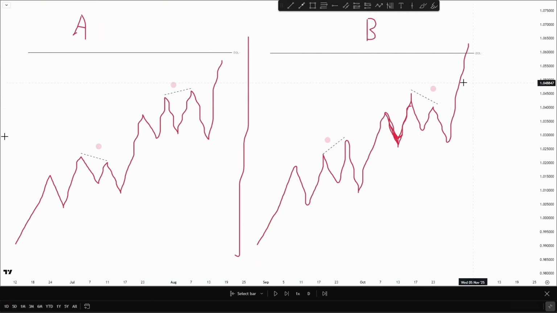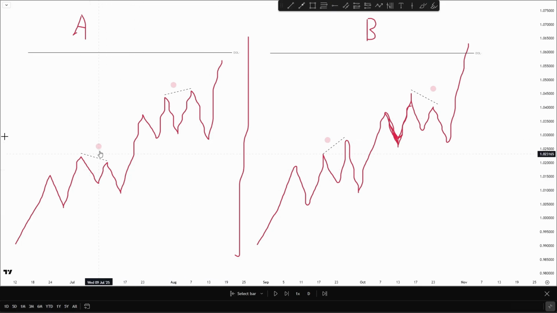Here you can see these two correlating assets and their price action. Let's say the context is that the drawn liquidity is higher on the higher time frame. Here we have these two SMT divergences, where asset A failed to take out this high whereas asset B took out the high. But this wouldn't have been a high probability SMT divergence or a correct SMT divergence because it's not aligned with the higher time frame directional bias.